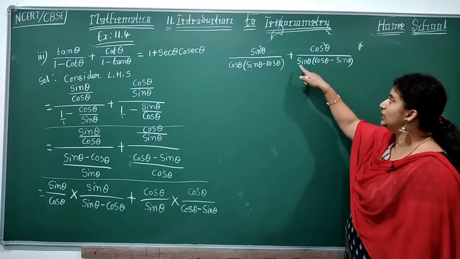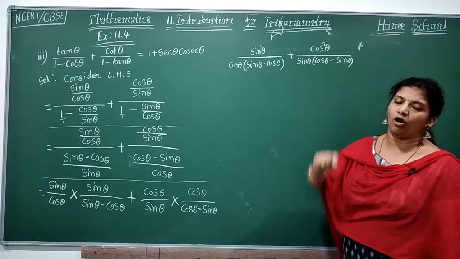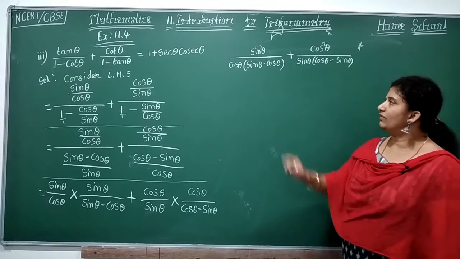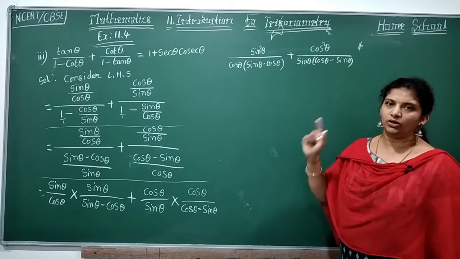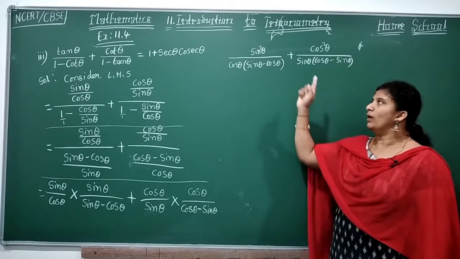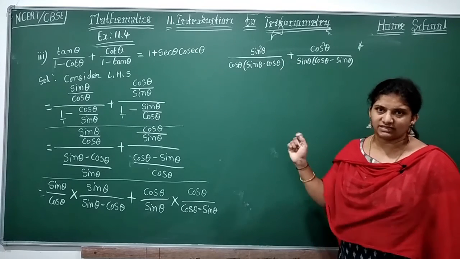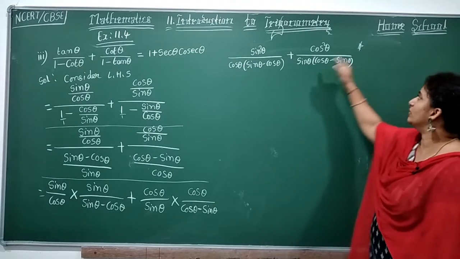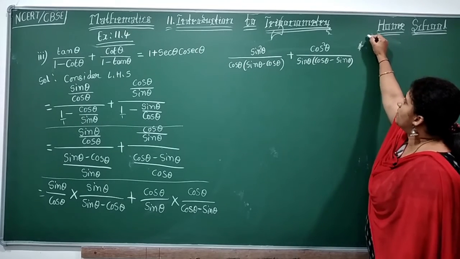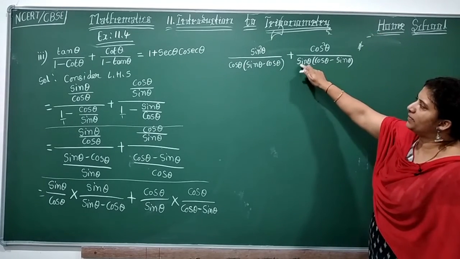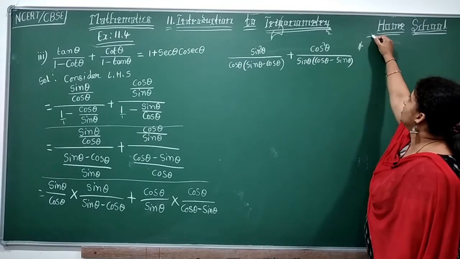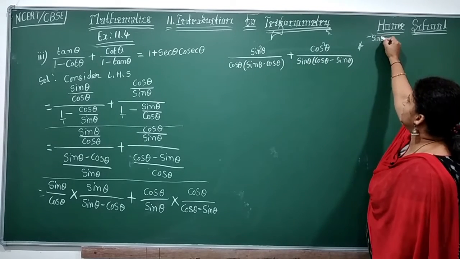Here, you need to take a negative common. When you take negative common, look here children carefully. Why am I changing here plus sign to negative for the next step? You should be very careful. So look here carefully. Minus, if you take out common, what happens? Plus sin theta becomes minus sin theta.